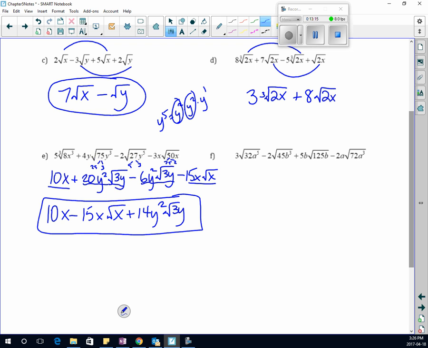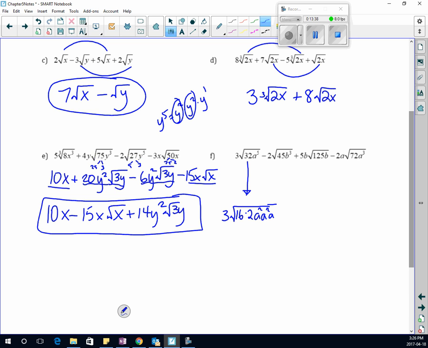Okay. So again, this is getting more complicated, so I would highly advise writing this out, showing each step. So maybe I'll do that in this one. So watch. 32, what's the perfect square? That would be 16 times 2. What's the perfect square for a to the power 5? Well, that would be an a squared times an a squared times an a.